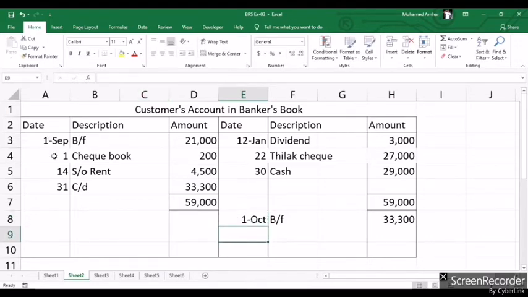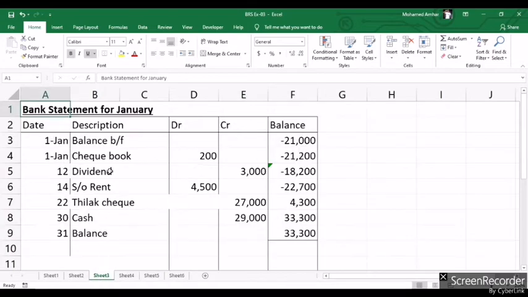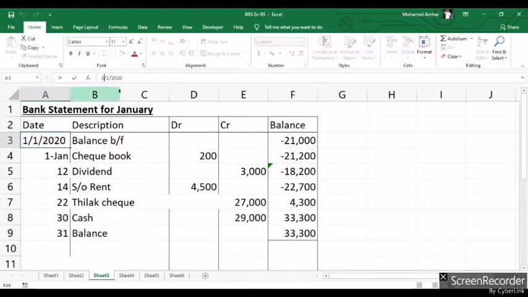Right. So September 1st balance is 21,000 overdraft. You prepare the bank statement like this: date, description, debit, credit and balance. The date is September, so September is 9.